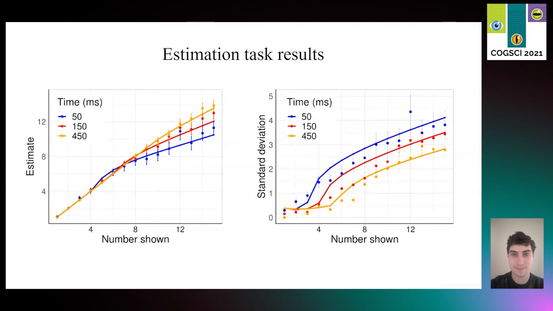There is also the ability to precisely estimate the number of objects in scenes with few objects in them, given enough time. But if not given enough time, even scenes with only a couple objects in them will not be very precisely represented. We'll show some imprecision in estimation. This is mean estimates, and this is the standard deviation of estimates as a function of quantity.